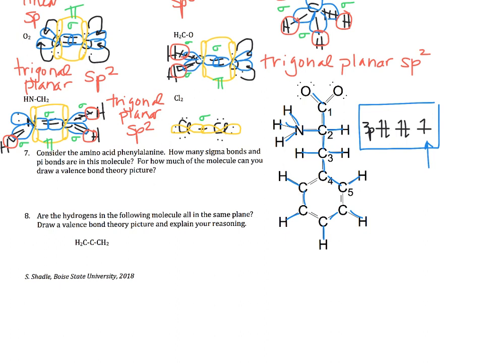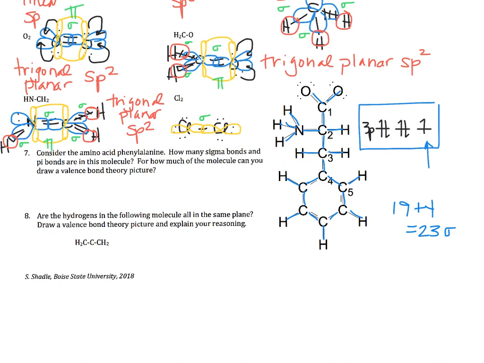I knew I missed one. 19. And every time we have a double bond, it's a combination of a sigma bond and a pi bond. So that must mean I've got some more sigma bonds. 1, 2, 3, 4. So that means 23 sigma bonds.